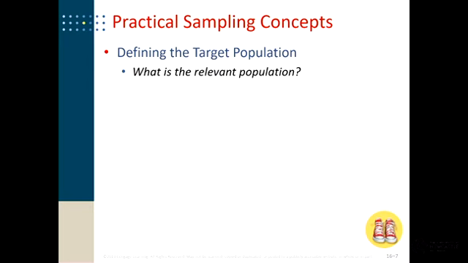Once again, apparently we may think that defining a target population is simple because we know which group of people or which group of respondents we will be surveying. Like there will be customers, consumers, managers, students, households, and so on. Probably we think that it's very simple, but actually it may not be.